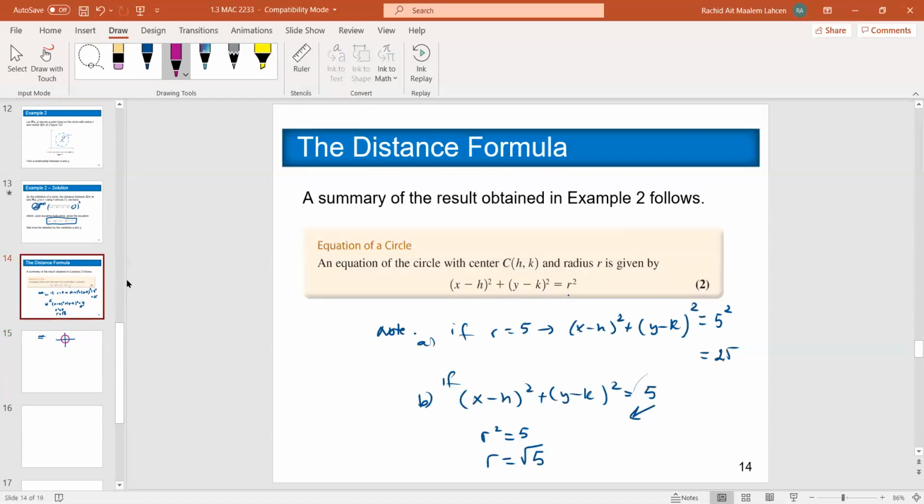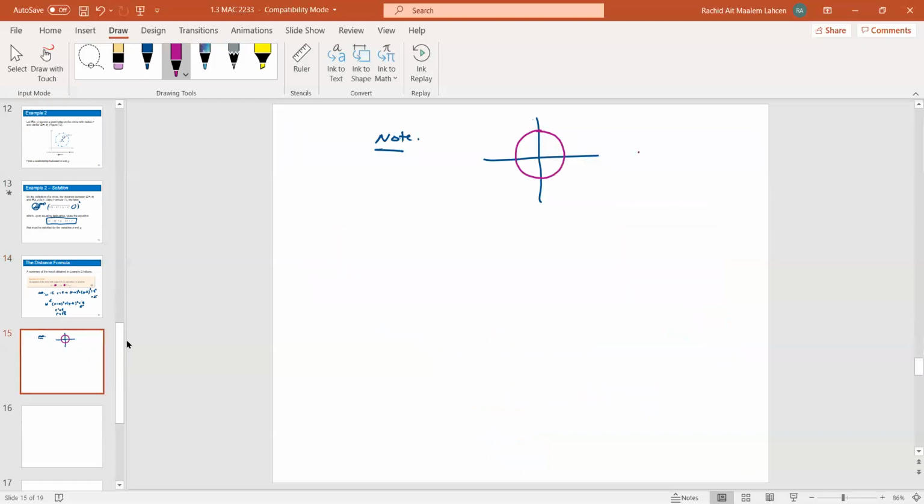So if you put 0 here and 0 here, what do you get? You get x squared plus y squared equal r squared, where r is the radius. If you see it this way, that's what it means.